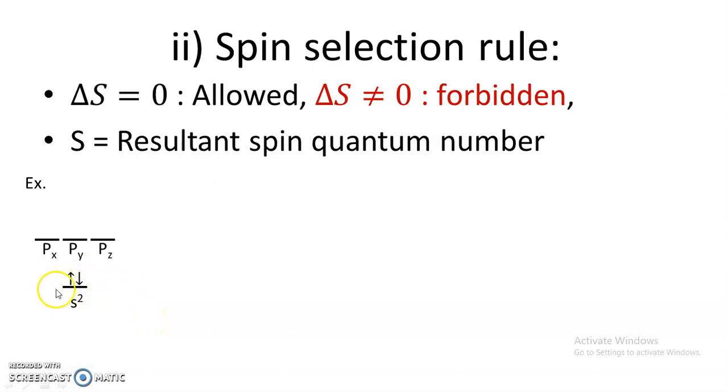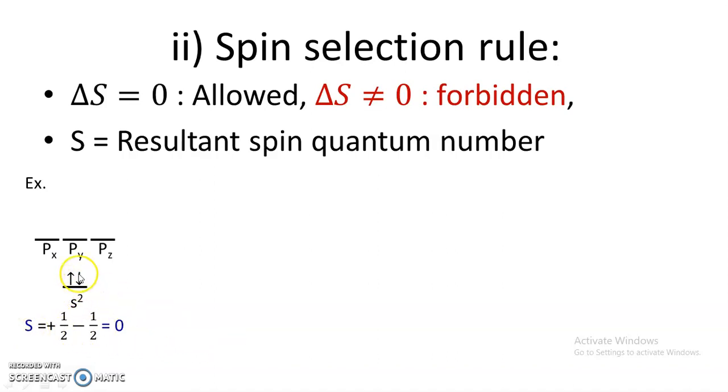For this s2 configuration, the resultant spin quantum number is: the first electron spinning in a clockwise direction has spin quantum number plus half, and the second electron has spin quantum number minus half, so the resultant S is plus half minus half, that is equal to 0. So for this s2, S is equal to 0.